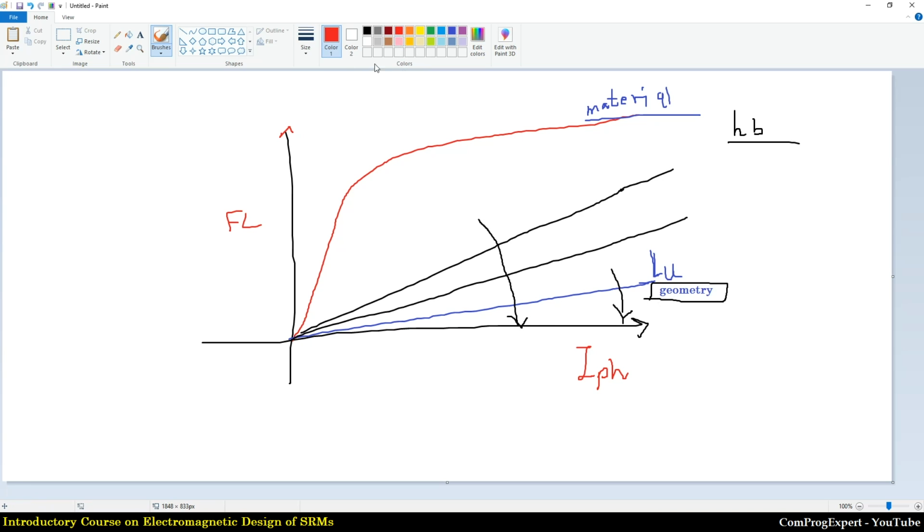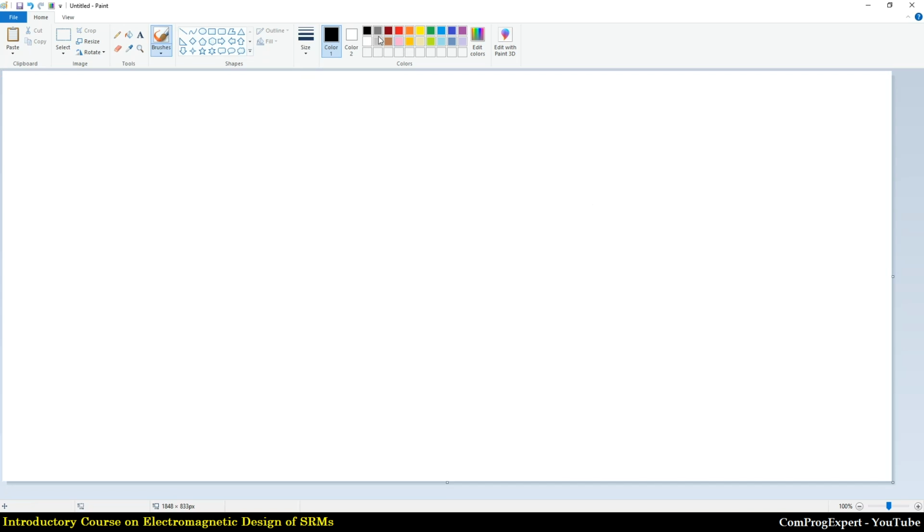The best case is when, if I draw a tangent line here, right, a tangent line on the saturated region of the aligned flux linkage curve, in the optimal case, the unaligned inductance could be equal to the slope of this line. So in this case, we have a good design.